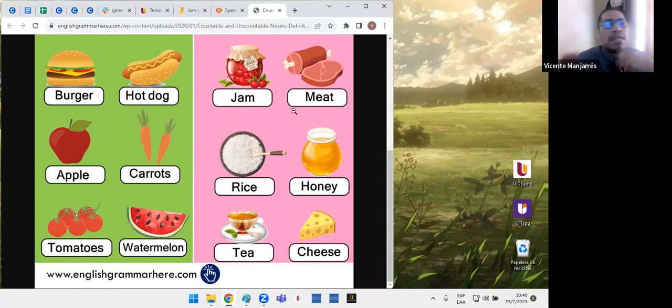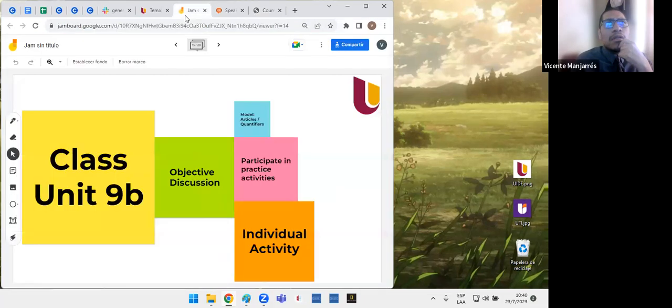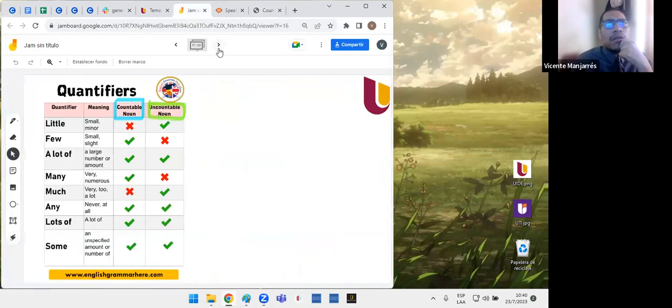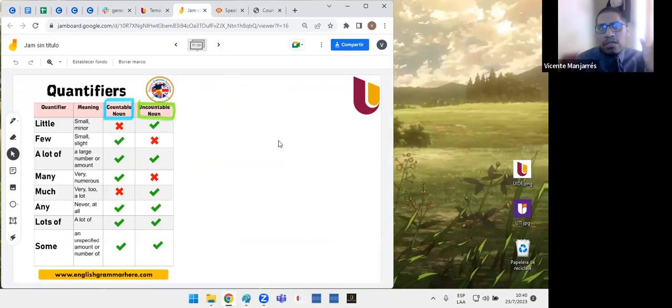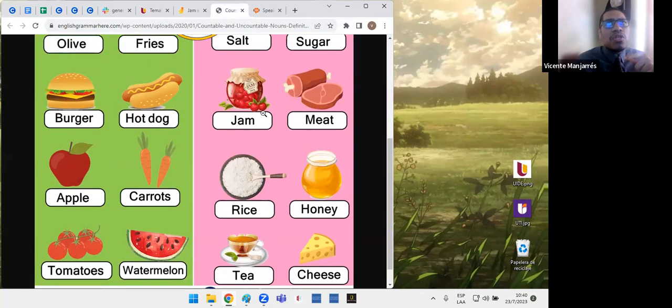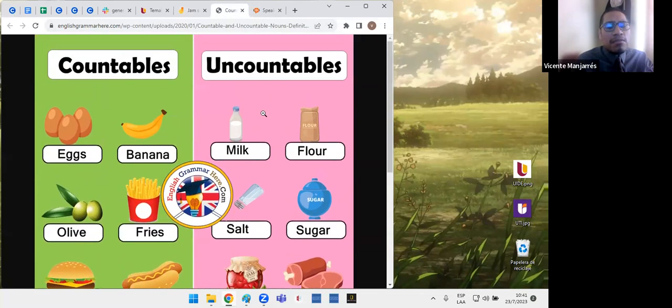Nevertheless, there is a way to assign the idea of quantity to these elements, and those are called quantifiers. Quantifiers are words or ideas that we add to countable and uncountable nouns to give the idea of quantity.